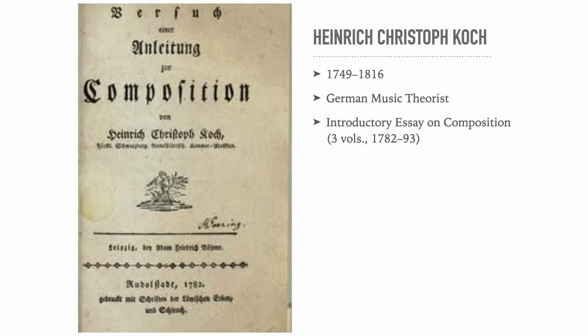And probably one of the main composition treatises of the later 18th century is by German music theorist Heinrich Christoph Koch, who lived between 1749 and 1816. It's an introductory essay to composition that he published in 3 really thick volumes between 1782 and 1793.